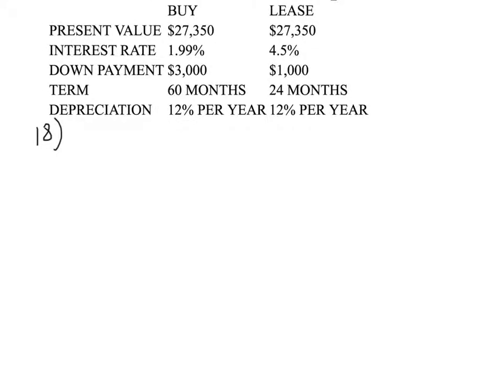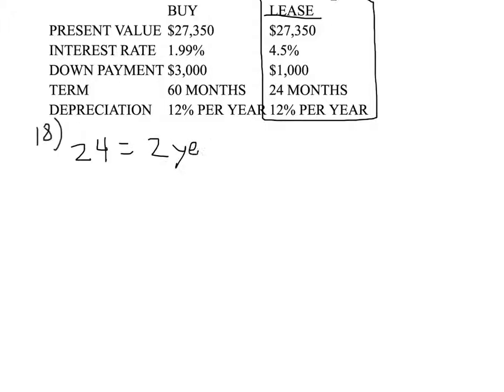Alright, number 18 says, what is the value of the car at the end of the lease? So this is basically the same as number 17, only now we're going to be looking at this portion here because this is my leasing information. And so again, we look at the term. The term is 24 months. So we're going to have to say, okay, well, 24 months is equal to 2 years, and it's going to be at 12% per year.